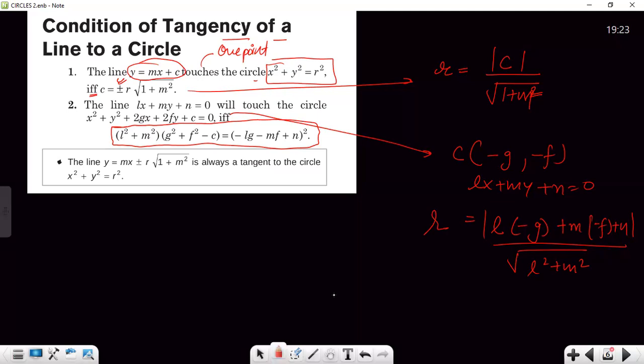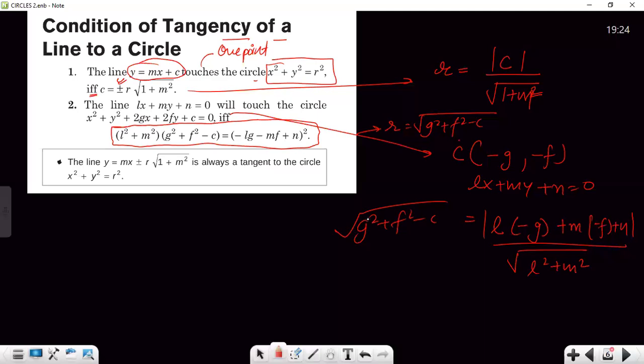So what is r? r is from the equation of the circle. I can write r is square root of g square plus f square minus c. Yes, that's what it is. So let me write the radius here: square root of g square plus f square minus c.